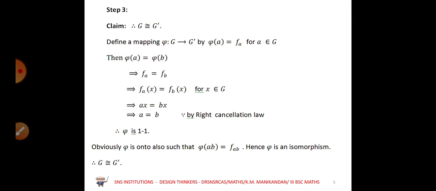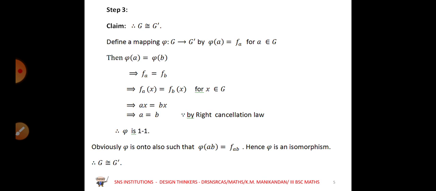Next we are going to prove that the finite group G is isomorphic to the group of permutations G dash. So it is enough to show that there is a one-to-one correspondence between the elements of groups G and G dash. That is, we are going to show the one-to-one and onto properties.